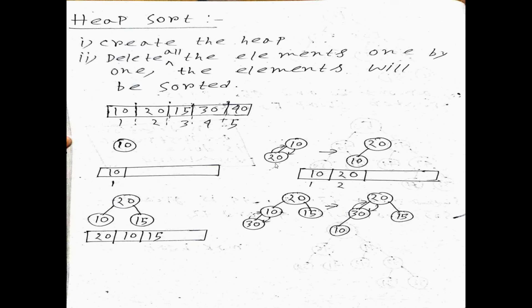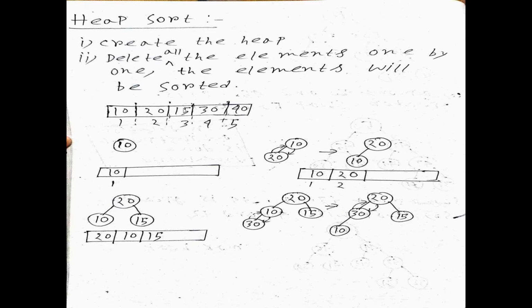What do we do now? Adjust the elements. That means we swap 20 and 10. After swapping, the heap becomes a max heap: 20 goes to the root and 10 becomes the left child. If you represent the tree in the array, it becomes 20, then 10.